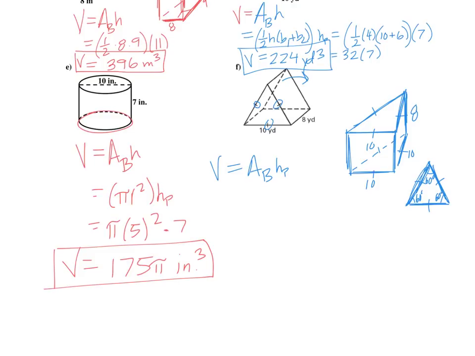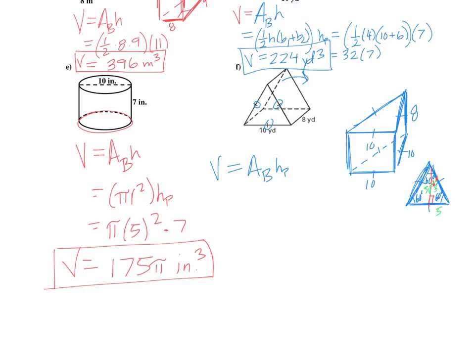And now this is the height. So what type of triangle do I have here? I have a 30, 60, 90, right? Because this is 30. And so this length here is 5, and that's the short leg. So what do you do to the short leg to get the long leg? Multiply by square root of 3.